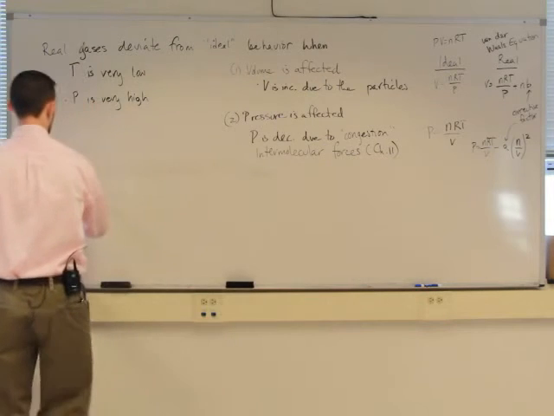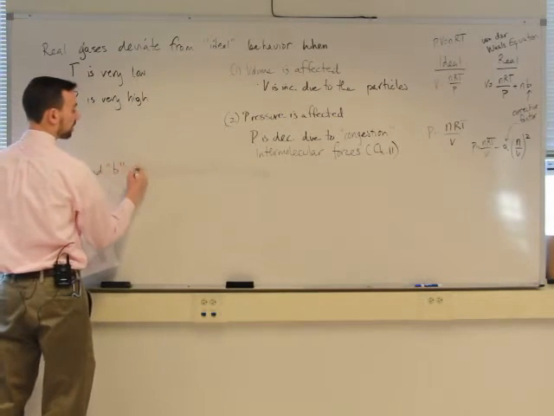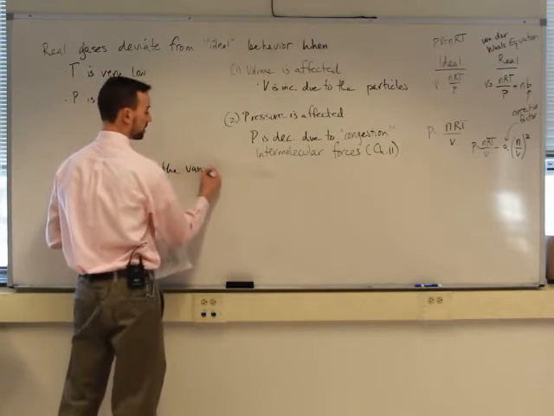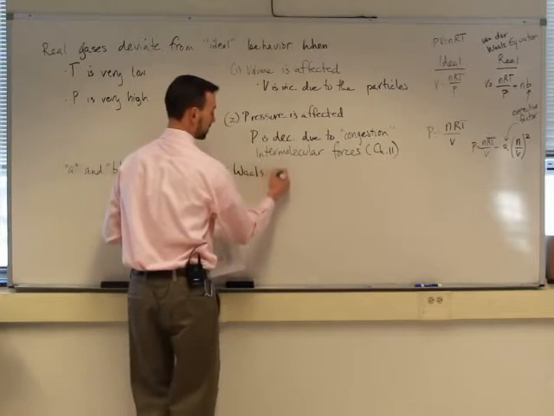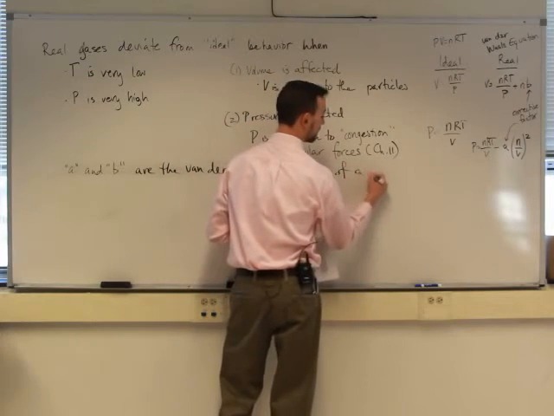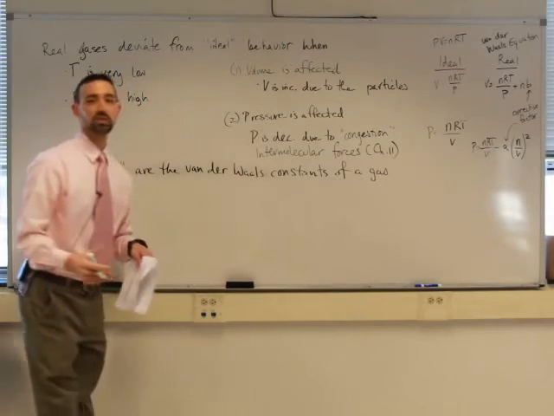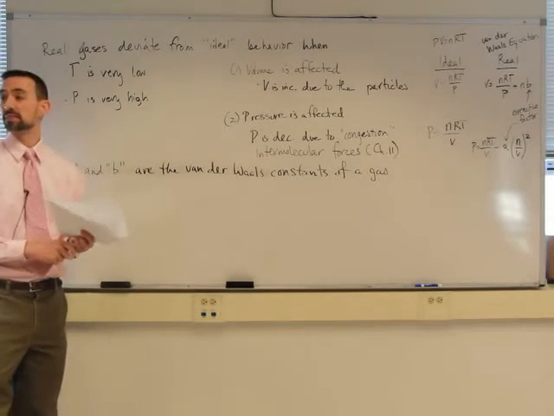And together, A and B are known as the van der Waals constants of a gas. So our text and other resources would provide a listing of these two values, A and B.